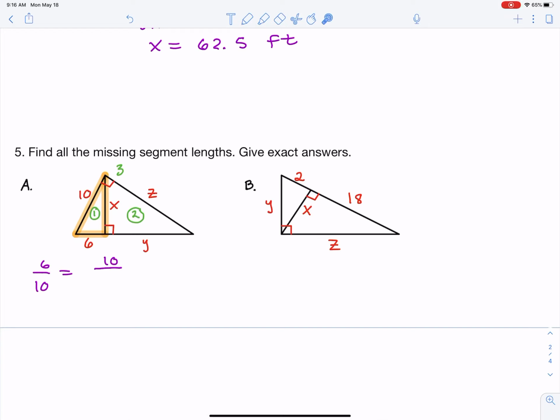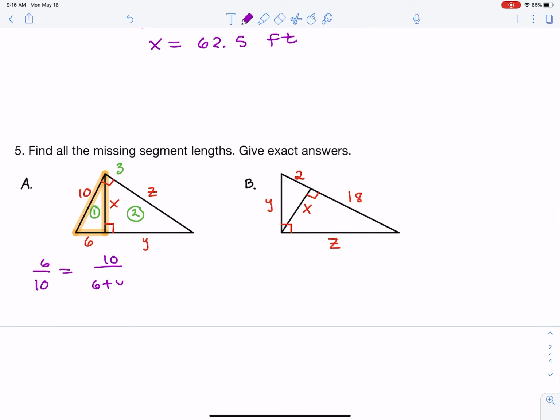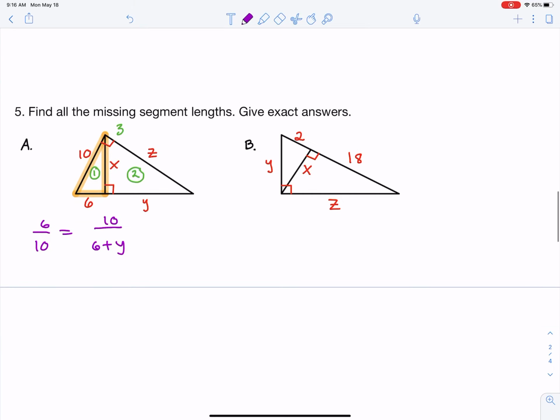Okay, this is solvable. Multiplying, I get 10 times 10 is 100, and 6 times 6 plus y is 36 plus 6y. Correct? Yes, 36 plus 6y. Subtracting that, I get 64 equals 6y, and dividing 64 by 6, I'm going to keep this as a fraction.